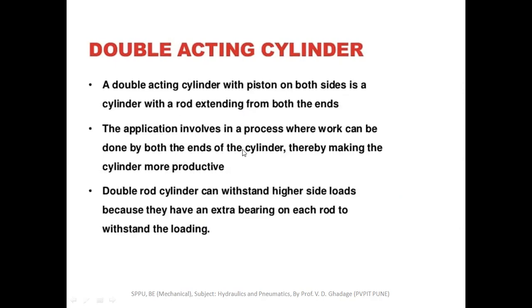Means this cylinder is different from the previous cylinder because here we can use working power for both sides. Double rod cylinders can withstand higher side load because they have an extra bearing on each rod to withstand the loading.